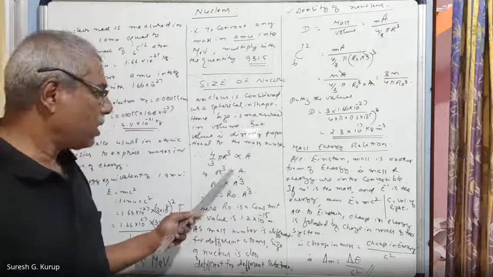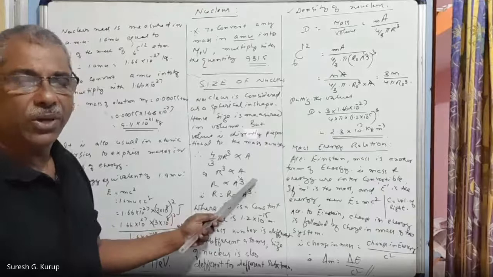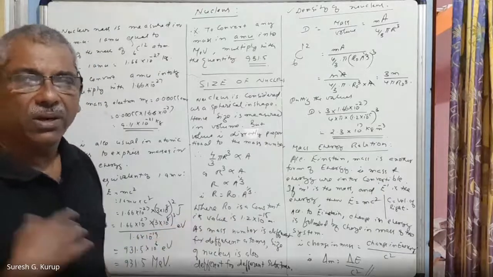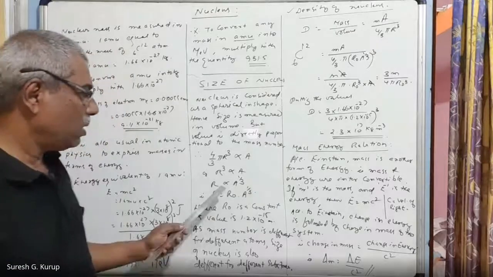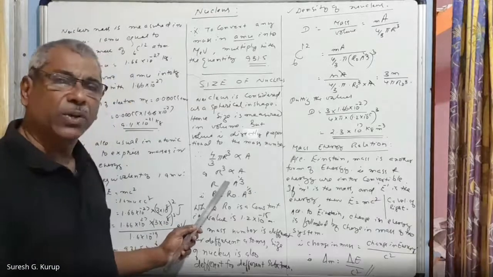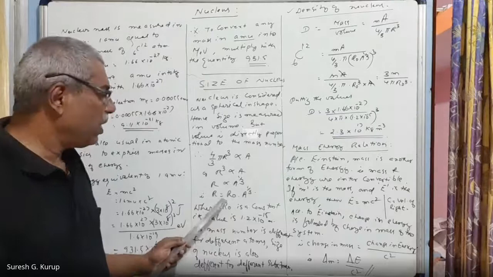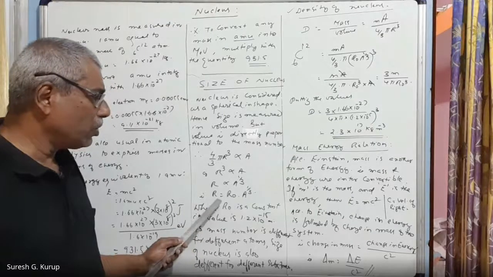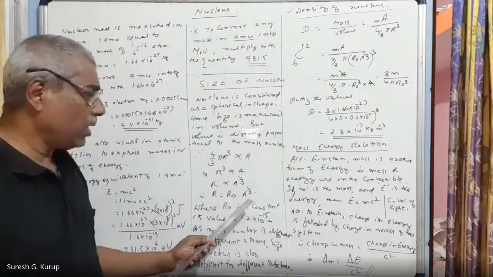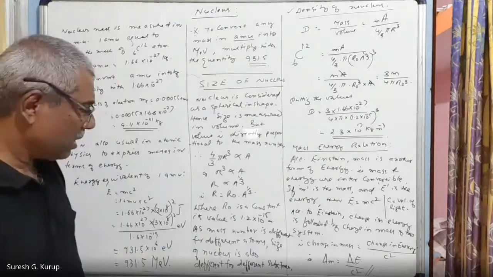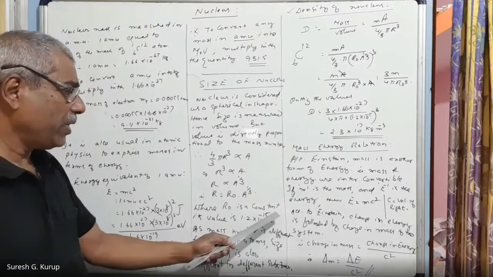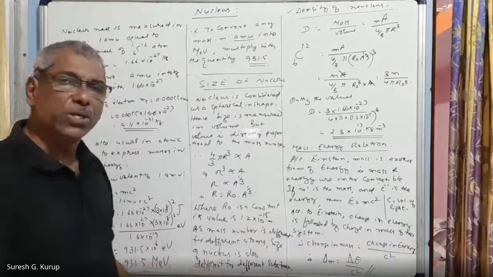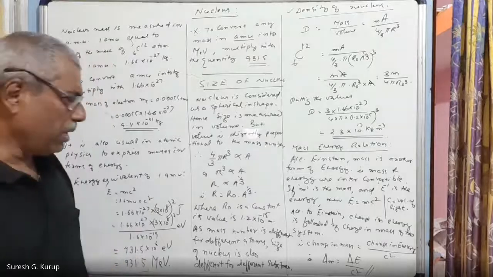Therefore, R³ is directly proportional to A, or R is directly proportional to A^(1/3). To convert this proportionality into equality, we multiply with a constant. Therefore, R = R₀ A^(1/3), where R₀ is a constant whose value is 1.2 × 10⁻¹⁵ meter.